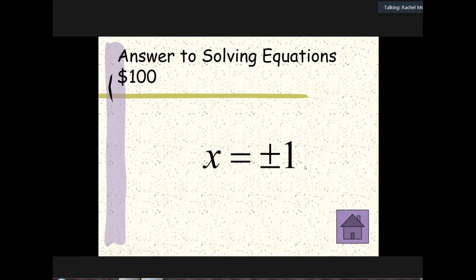And Cole did it with quadratic formula, so that worked as well. So again, lots of different ways to solve. But you needed to get plus or minus 1. Is everybody okay with that? Does anybody need to see that written down?